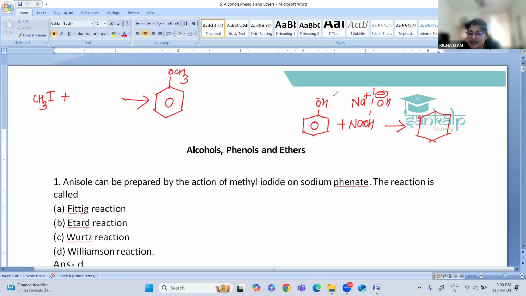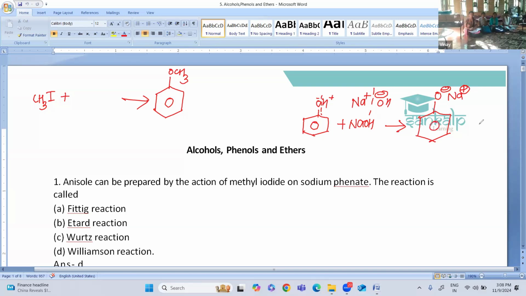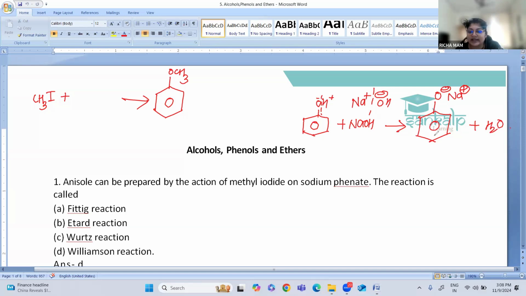So this is O minus H plus. So H will be cleaved and you get O minus Na plus, plus H2O. So this is the sodium phenate. It is also called sodium phenoxide.